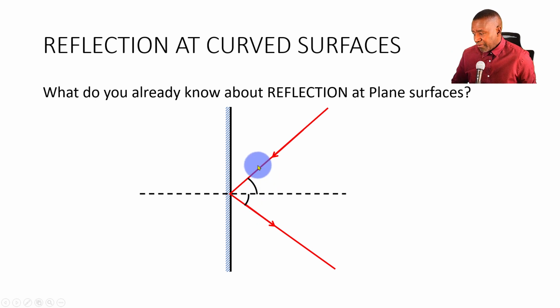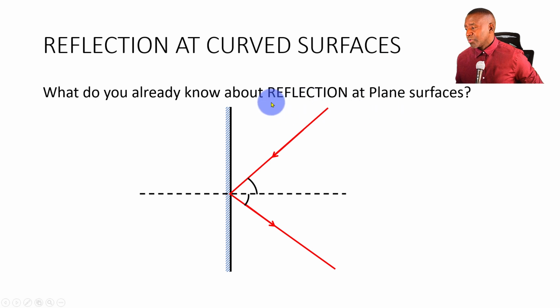If, for example, you are given that the angle that the incident ray makes with the mirror is, let us say, 50 degrees, you should be able to understand that the angle of incidence is 90 minus 50, which gives us 40 degrees. So just be careful here. Where you are given the angle between the incident ray and the mirror, you should be able to get the angle of incidence. That is one of the things that we study in reflection at plane surfaces.